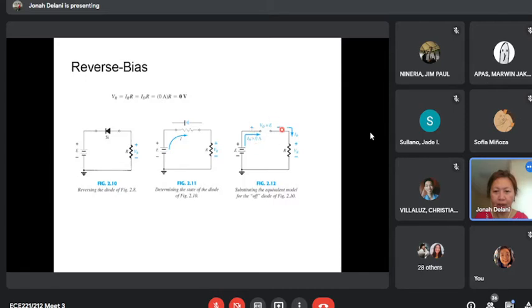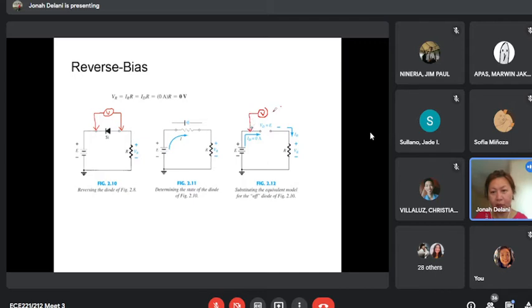So if it is reverse biased and we measure the voltage across the diode using a voltmeter, we will be able to measure the applied voltage. The reverse bias is an open circuit.